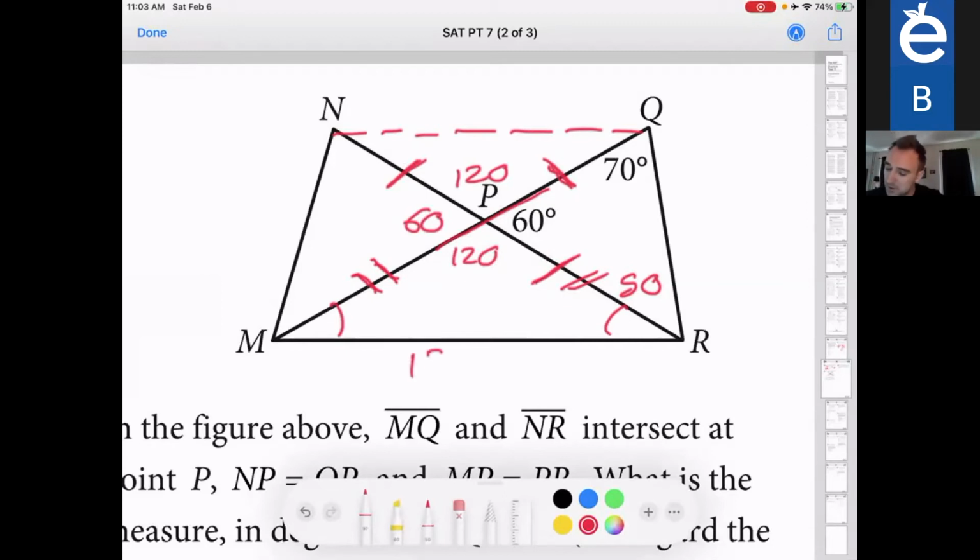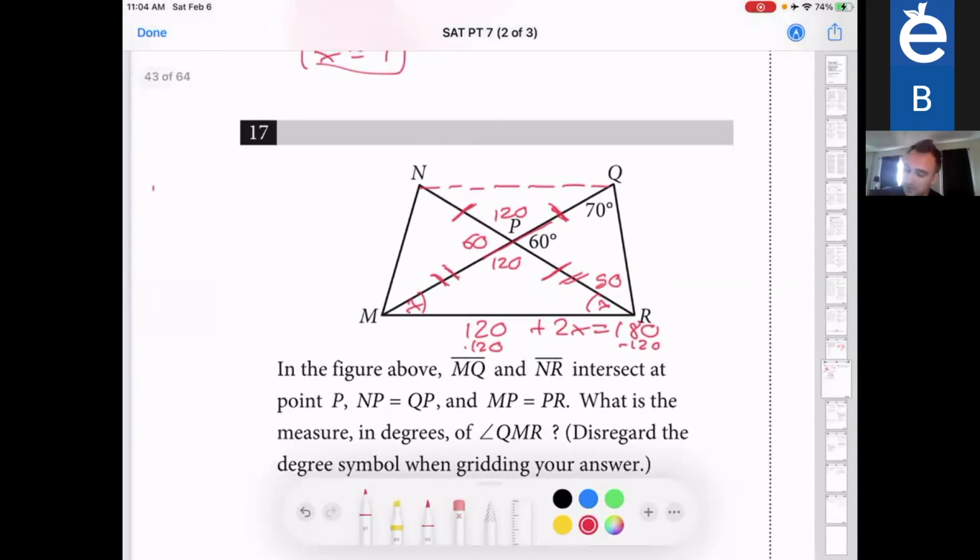So I know that 120 plus, I'm going to call each of those angles X and X, plus 2X must be equal to 180. Let me bring it over here. 120 plus 2X is equal to 180.